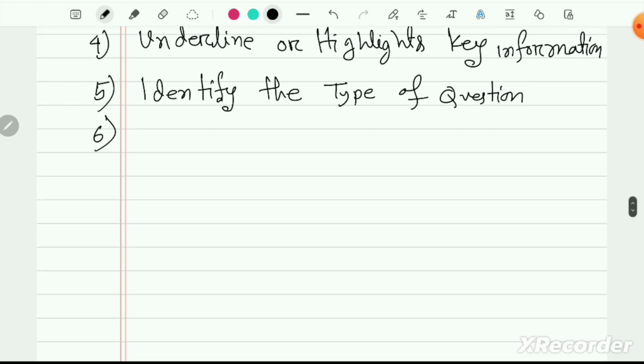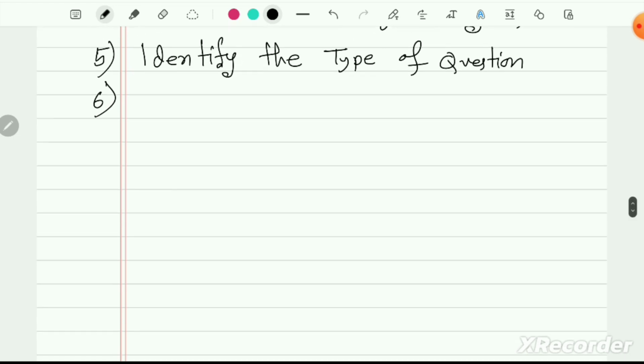Number 6, use context clues. This is very important. If you come across a word you don't know, try to understand its meaning from the context of the sentence or passage. I will give an example when I solve the problem. Sometimes you may not understand the meaning of a particular word.